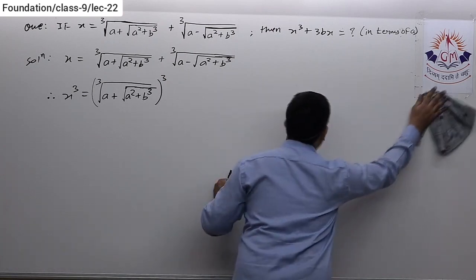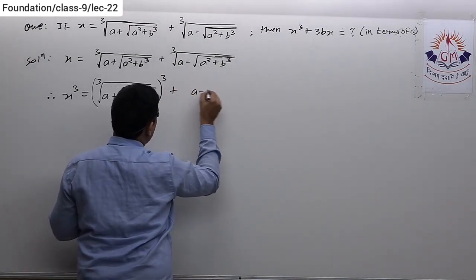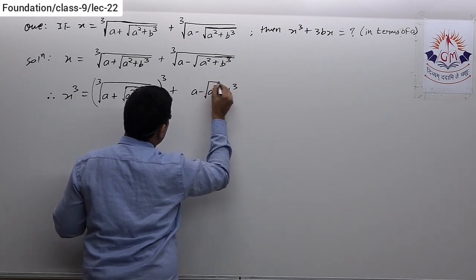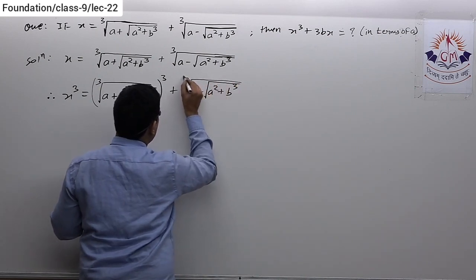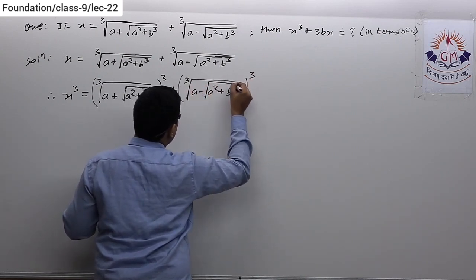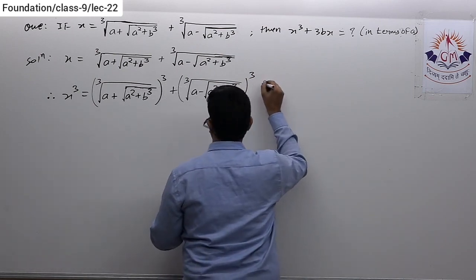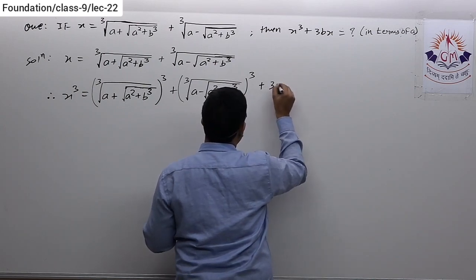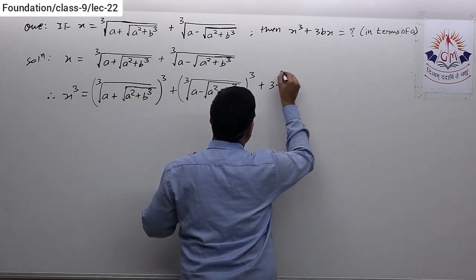Okay, then plus b cube, that means cube of this, a minus a square plus b cube, its cube root, and then its cube. So a cube plus b cube plus 3ab. Okay, however, this step is not required, but I'm writing for your better understanding. Plus 3 into a into b. That means this.